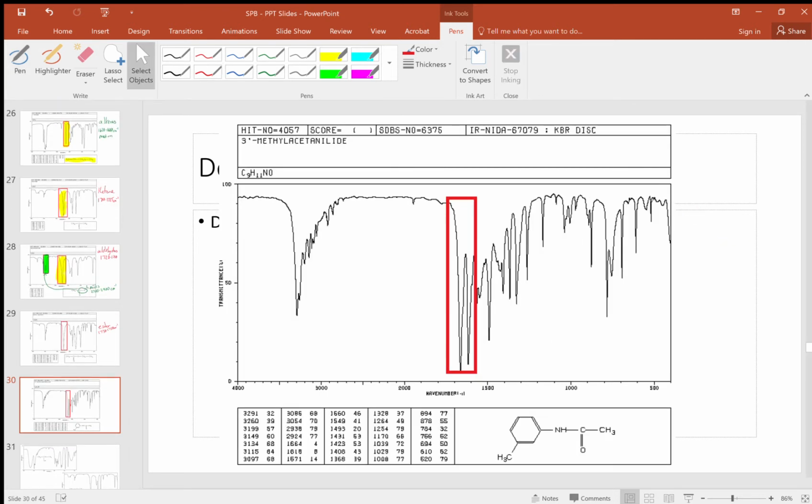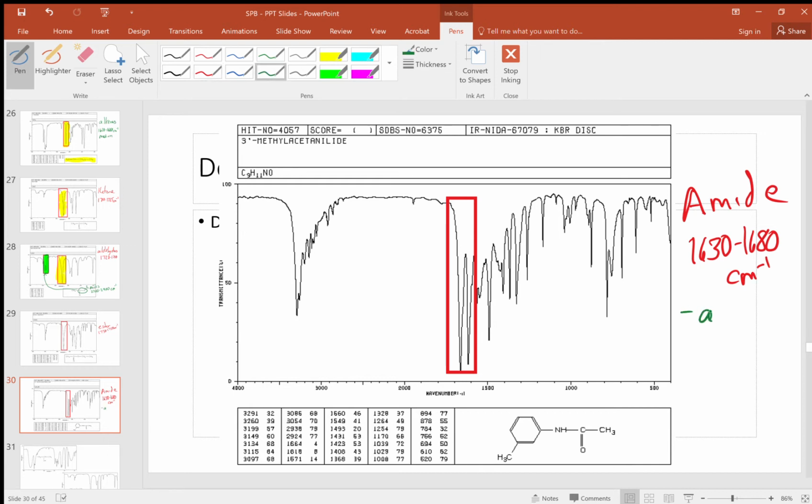And then finally we can look at an amide. An amide, because we've put a nitrogen on there, actually shows up at slightly lower wave numbers. In fact, it overlaps almost completely with the alkene, 1630 to 1680. There's two main differences, though, between the alkene and the amide peak.